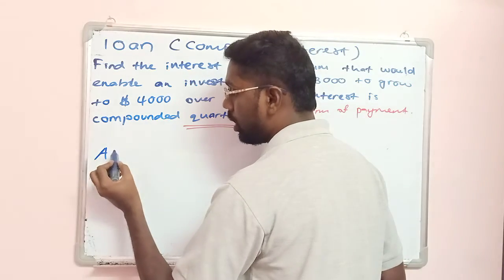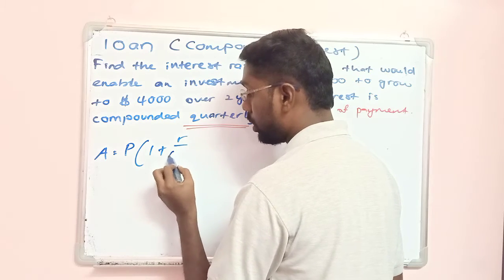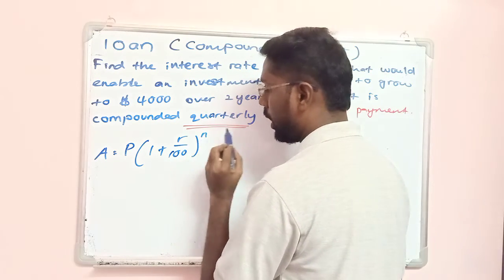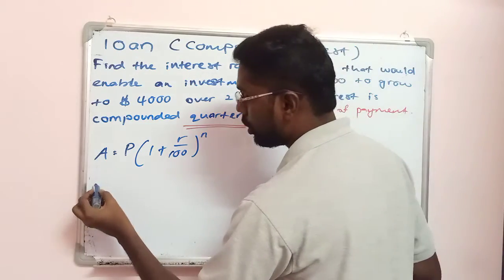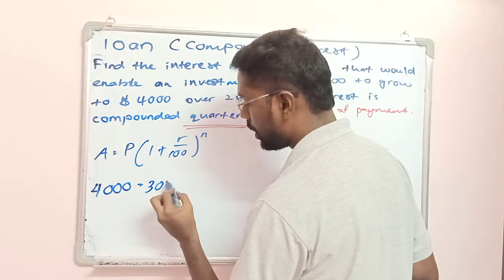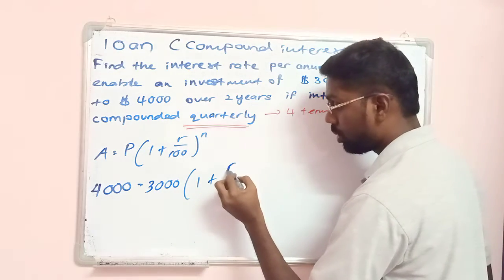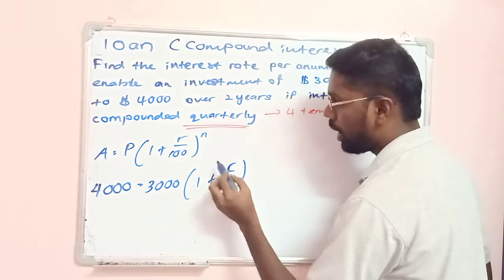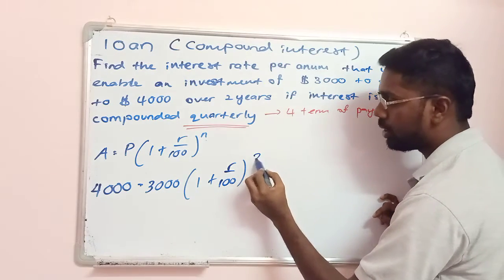So going to the formula, A equals P times 1 plus R over 100 power of n. A is 4,000, P is 3,000, and R we don't know. N is 2 years, quarterly, so it's going to be 8.